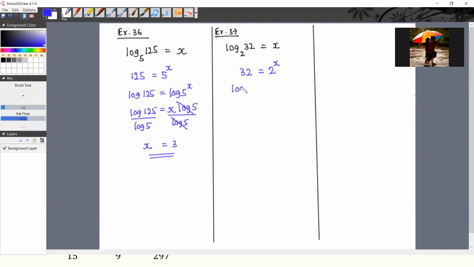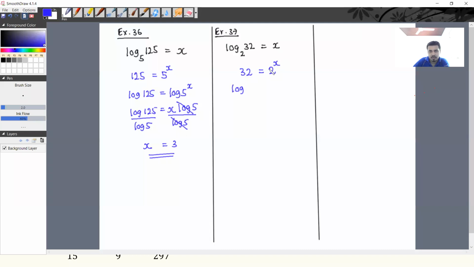If the power value is unknown, we can apply logarithm. Log of 32 equals log of 2 to the power x. Using the third rule of logarithm, we can arrange our right-hand side like this: x into log of 2.